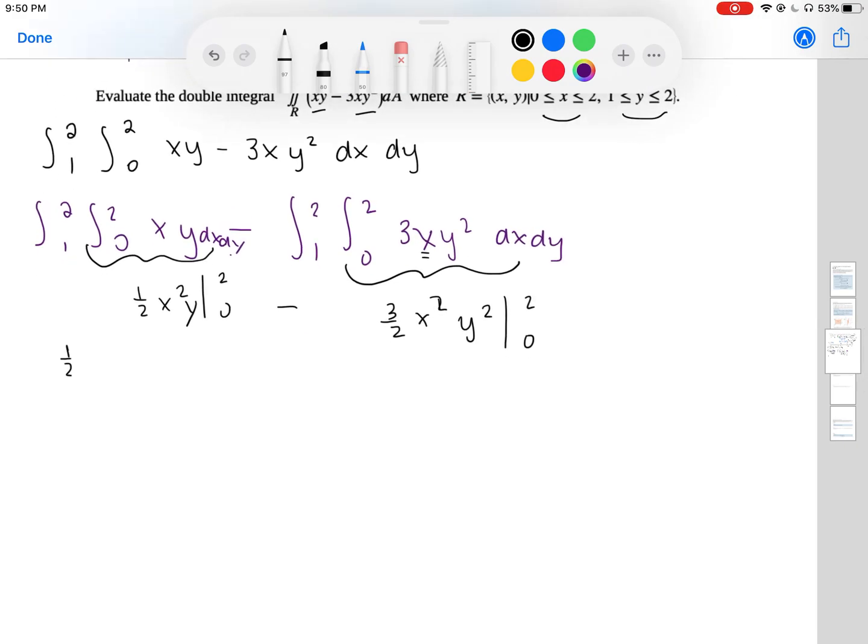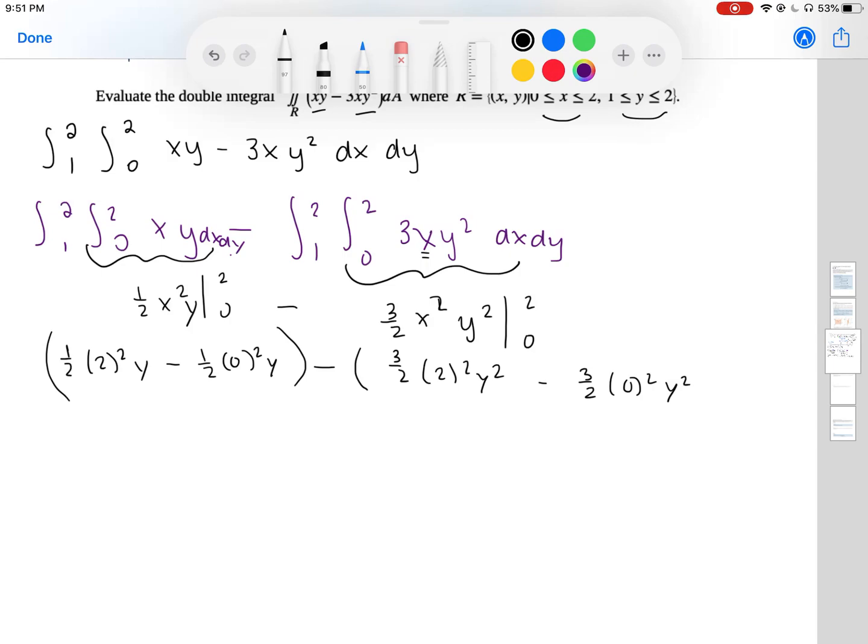All right, let's clean this up. So I have 1/2 times 2 squared times y, minus 1/2 times 0 squared times y, minus 3/2, 2 squared y squared, minus 3/2 times 0 squared times y squared.